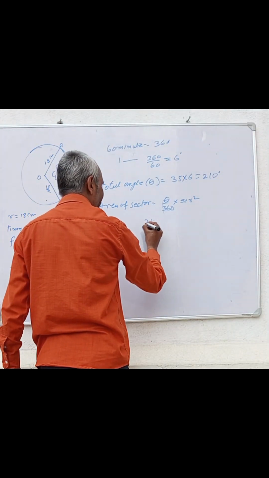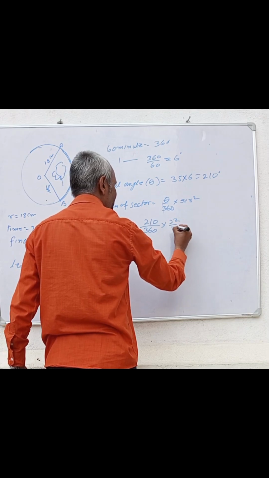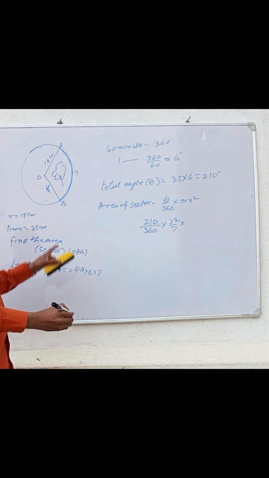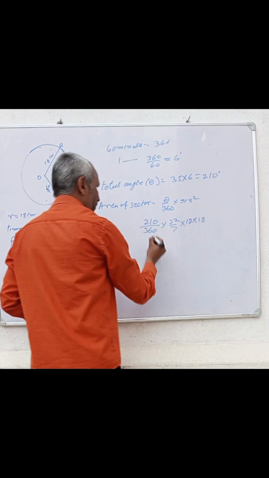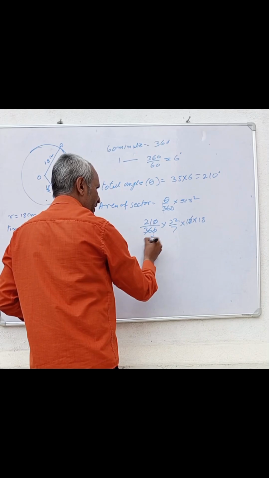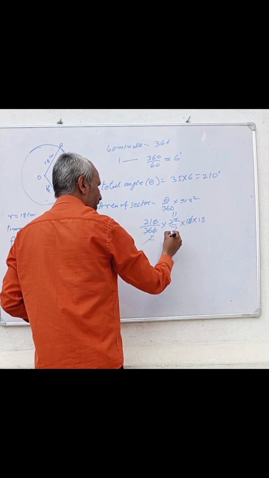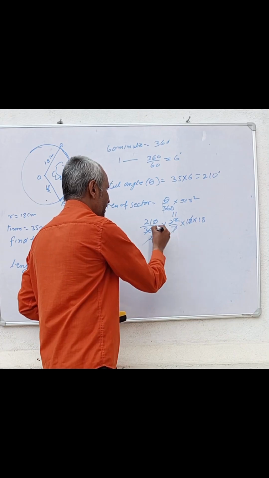Theta is 210 divided by 360 into 22 by 7 into r, which is 18 centimeter, so 18 into 18. We can cancel this 0, cancel by 18 twice, cancel 7 by 11 times, and cancel by 3.